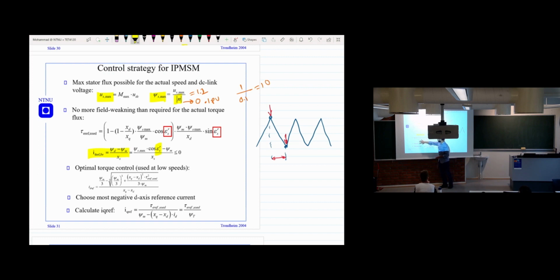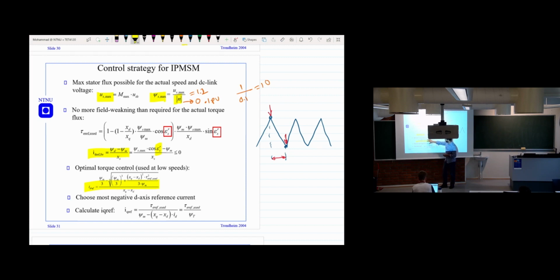But here for the IPMSM, we can solve the equation to have it like this. It is discussed in more detail in the compendium how to obtain this IDref optimum equation, but I'm not going to discuss it in more detail here. It's okay for now to assume that this is the IDref current equation that we can obtain after solving a 4th order equation.